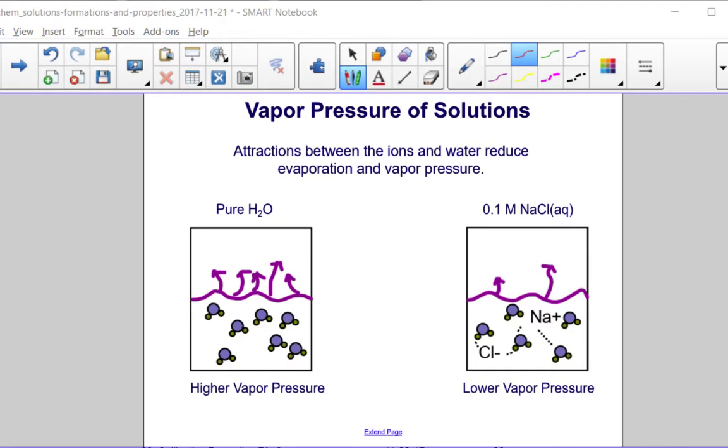In the 0.1 molar sodium chloride solution, though, some of these water molecules are tied up in solvating the ions, right? And if they're tied up in solvating the ions, they're not available to evaporate. So a smaller number of water molecules evaporates, and a smaller number of water molecules exerts a pressure on the top of the liquid, which results in a lower vapor pressure.